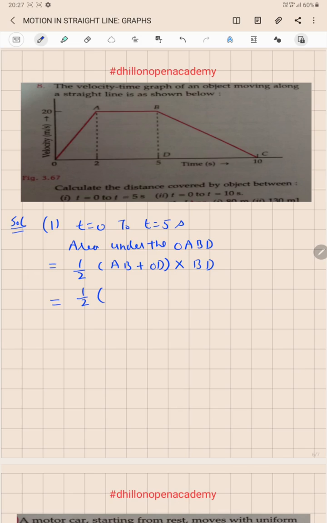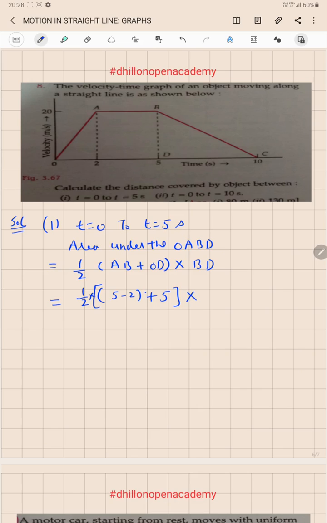So in between A to B, what will be the time? It will be 5 minus 2, multiplied by BD plus OD. OD is the time from point O to D, which is equal to 5 seconds, multiplied by BD.